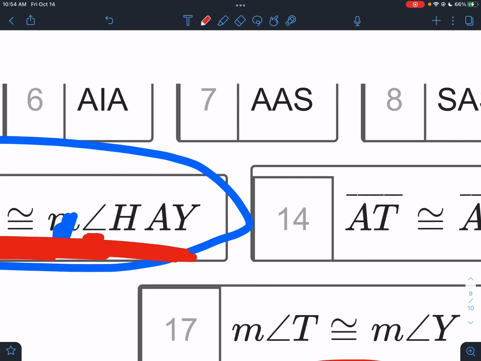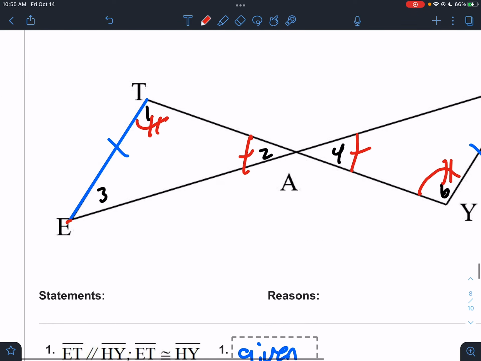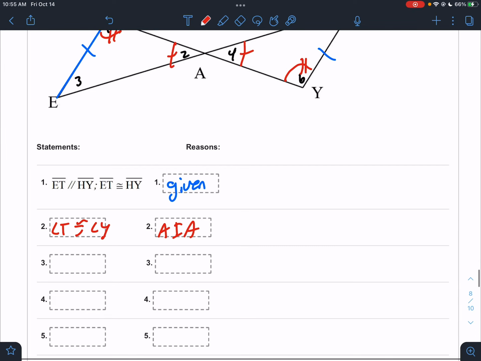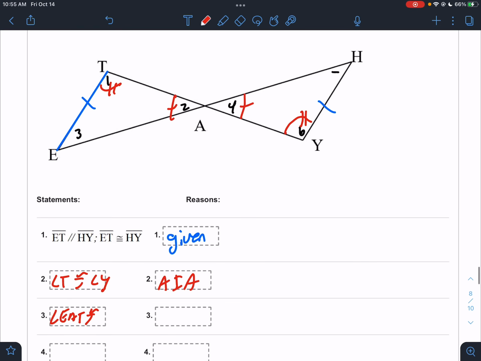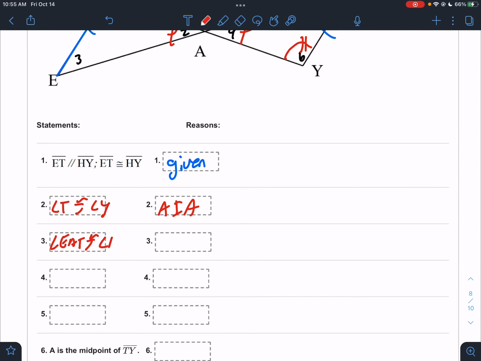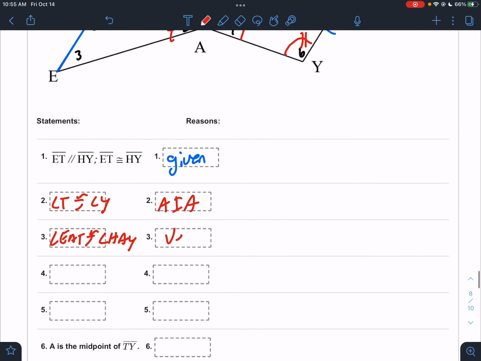Triangle and angle are different. The angle EAT is this corner. Triangle EAT is the whole shape. All right. So we're going to say angle EAT is congruent to angle HAY. And how did we know that? That was because they were vertical angles.